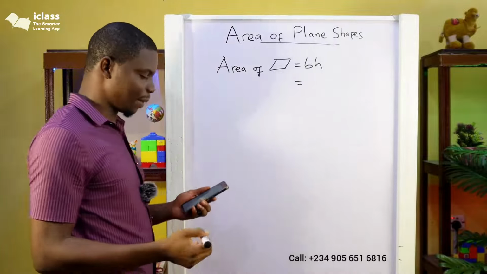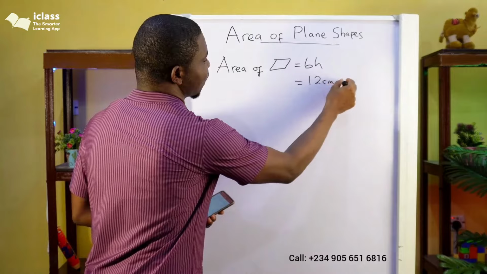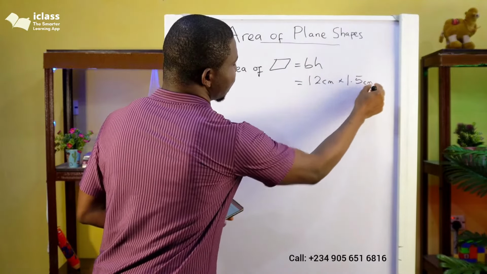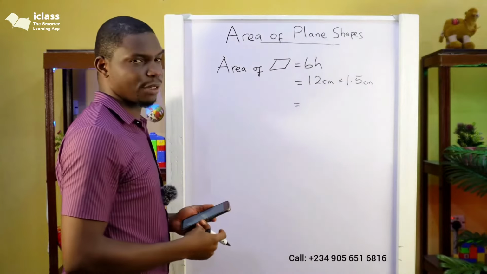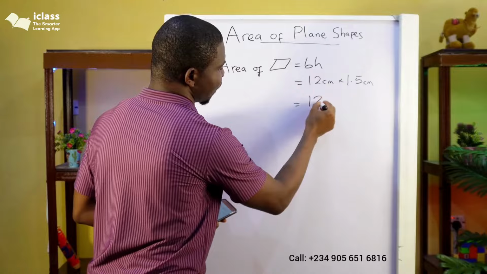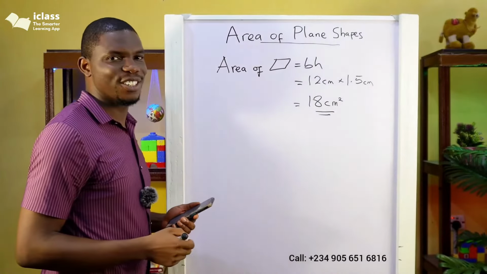And in this case, the base is 12 centimeters and the height is 1.5 centimeters. All right, so what would this give us? 12 times 1.5 is 18. So we have 18 centimeters squared. I hope you got this.